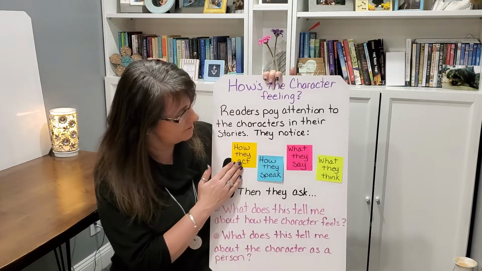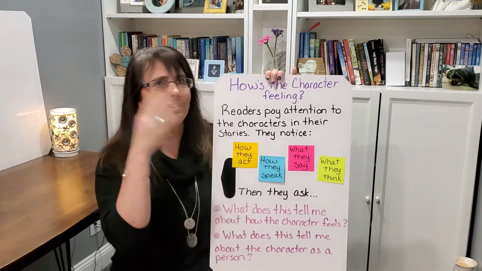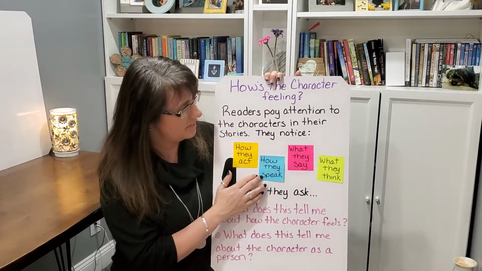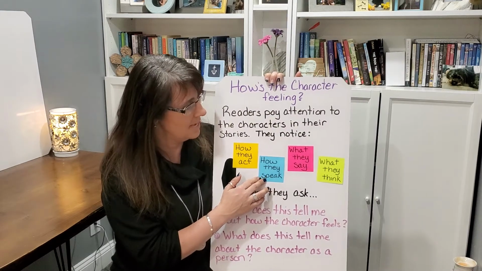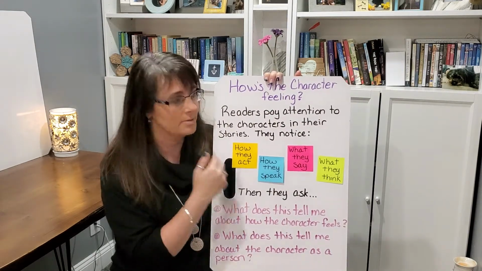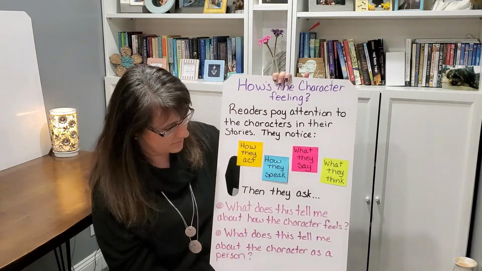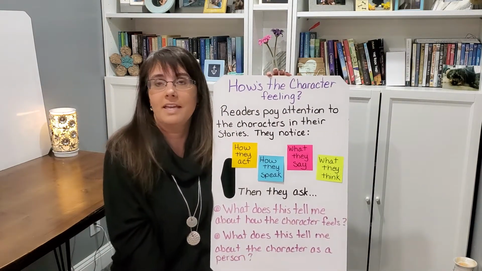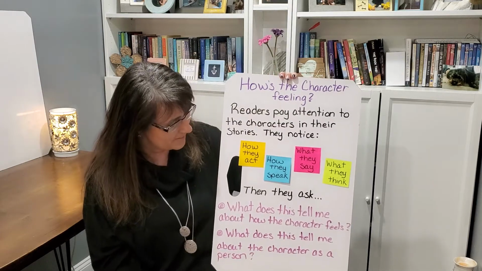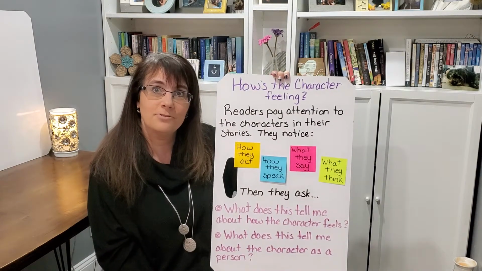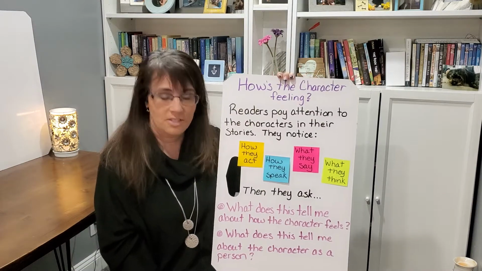If we think about how she was acting so silly and carefree and kind of just doing her own thing, and the way she talked, she was talking so fast about everything and not really paying attention at all to Lena's problems. It kind of gives us some insight about how she feels. She just kind of cares about herself and doesn't have anything else going on, right? So if we pay attention, we get some ideas of their feelings, which gives us insight into the book.